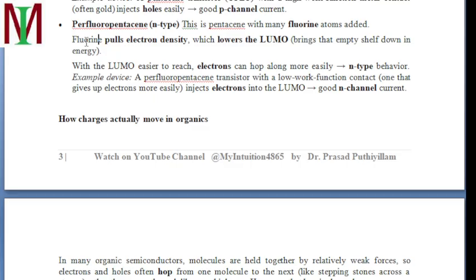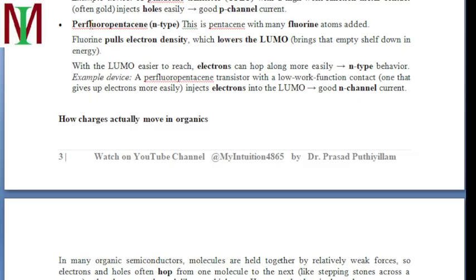The properties of fluorine are only used here. It can pull electron density, which will lower the lowest unoccupied molecular orbital, which brings that empty shelf down in energy. It will pull energy, meaning the lowest unoccupied molecular orbital becomes more accessible, easier to take the electrons.